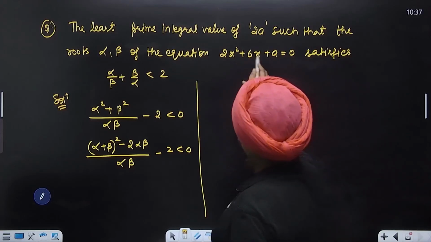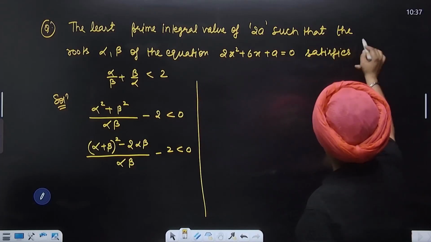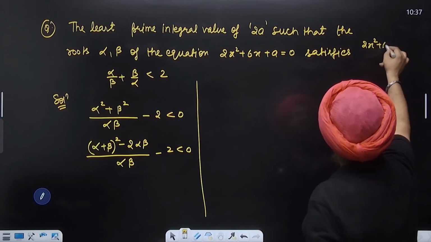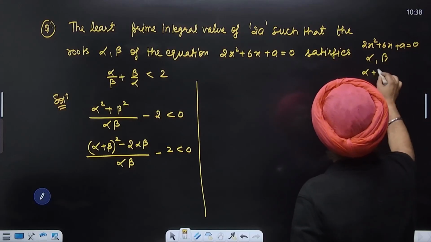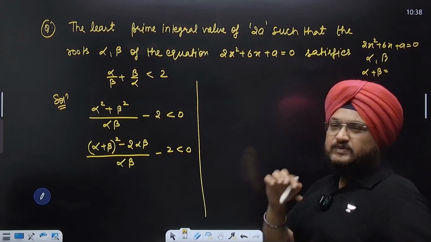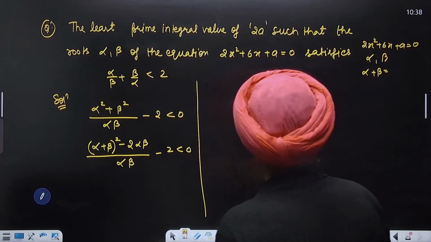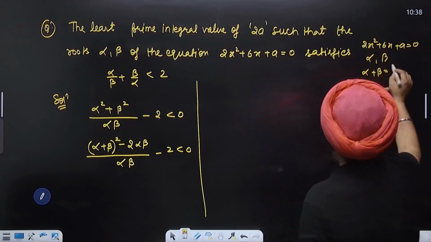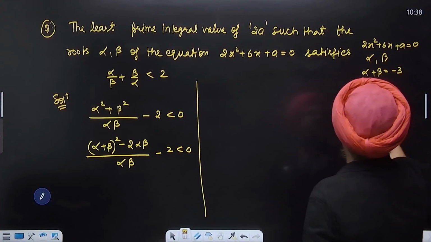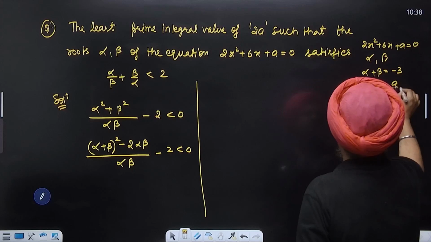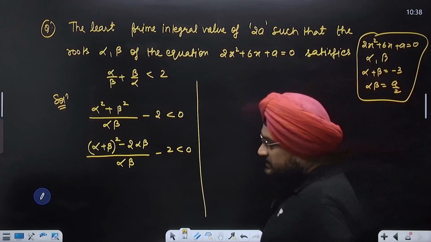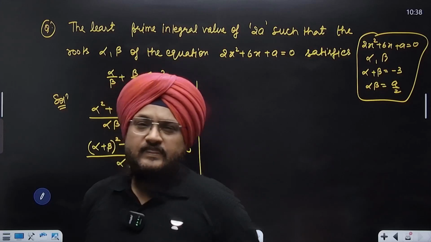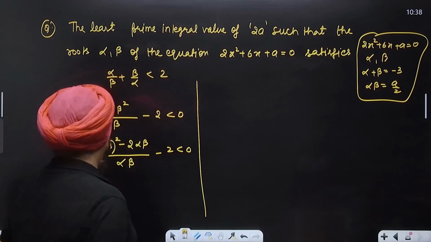Alpha plus beta, what will be the value of alpha plus beta? The roots of this equation are alpha and beta. The sum of roots will be minus b by a, minus coefficient of x upon coefficient of x square. So this will become minus 3. Product of roots is constant upon coefficient of x square. This we can write alpha beta is a by 2, alpha plus beta is minus 3.